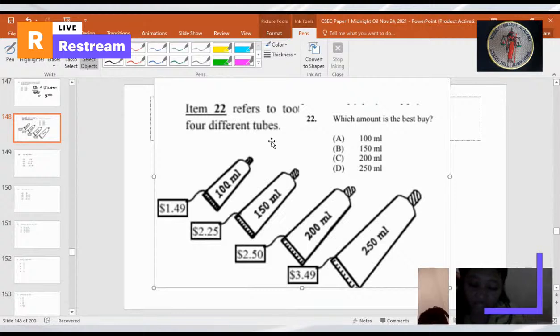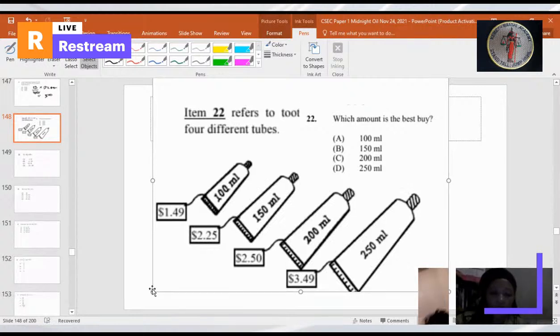So they're all 0.01, so we have to compare the third digit. So we have a 4, a 5, a 2, and a 3. So it will be the 200 milliliter at $2.50. And that would be C.